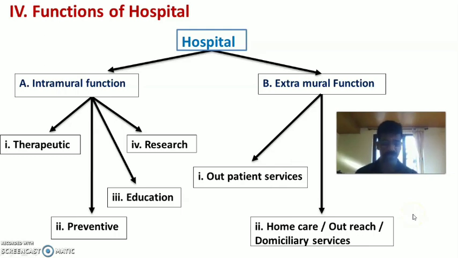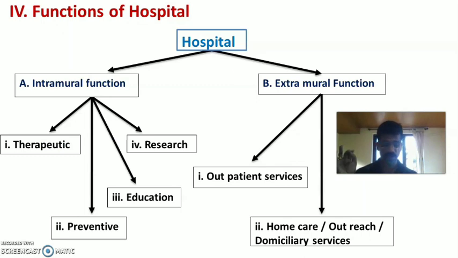Outreach domiciliary services, that is home care based services, and conducting delivery in the home or domiciliary midwifery service, etc. all come under extramural functions. That is in the house of the client or house of the family. That is called outpatient services. It includes home care, outreach services, domiciliary midwifery services, that is a part of the home visiting.